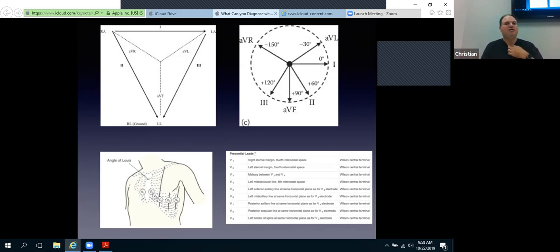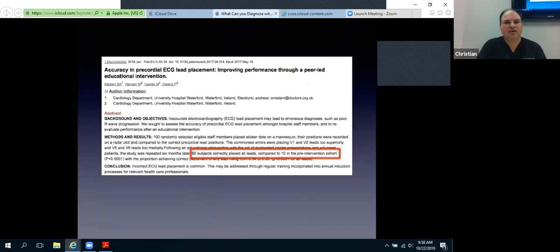Anyway, so that's how this is done. Now what happens is most people go down, they feel the sternal notch, and then they put the leads just south of the sternal notch. We now understand that's not right. So, here's another study. Accuracy in precordial lead placement improving through a peer-led educational intervention. They took 100 randomly selected staff members, placed sticker dots on a mannequin, and asked them to place sticker dots on a mannequin, and they recorded this.